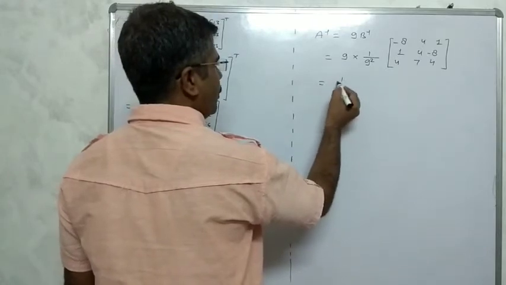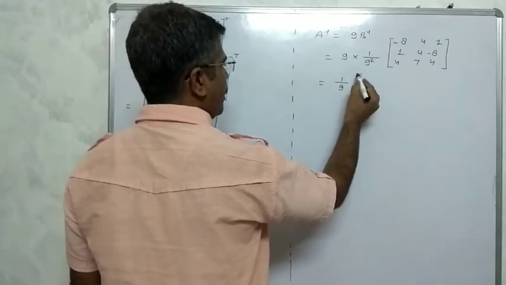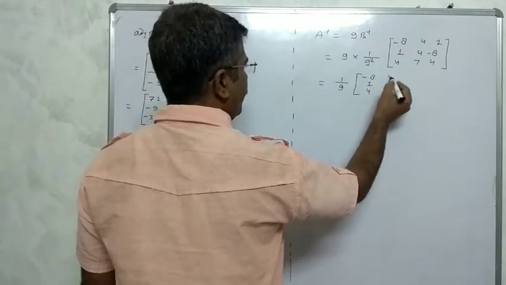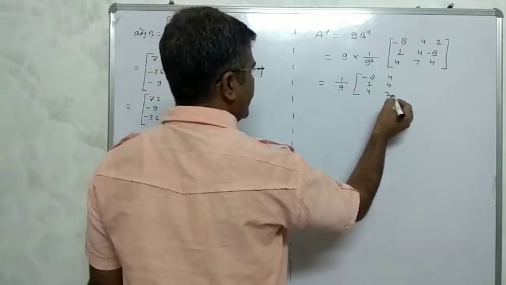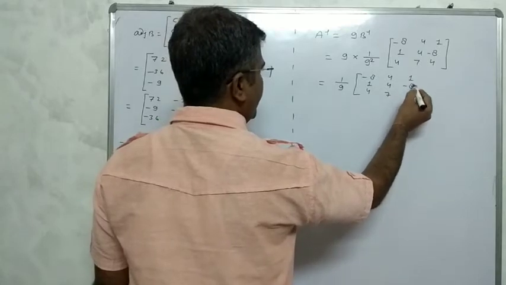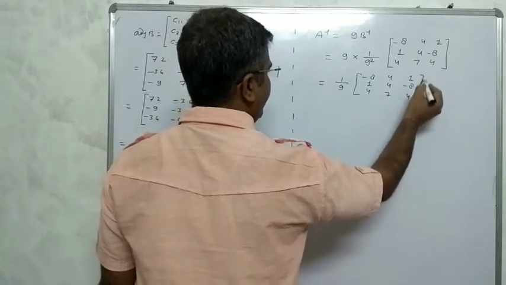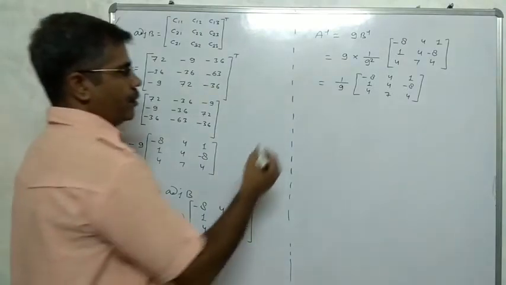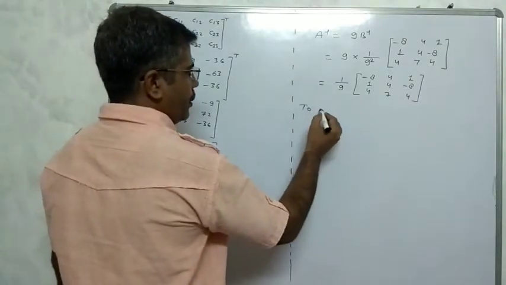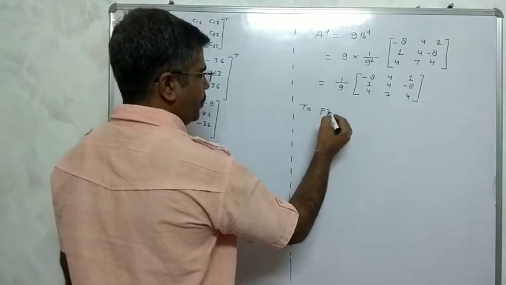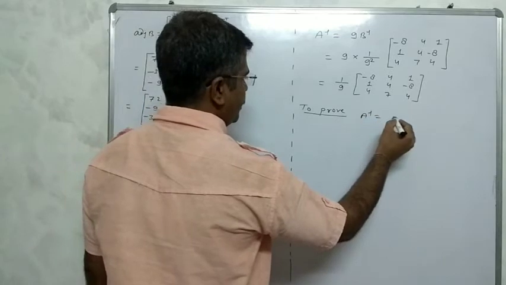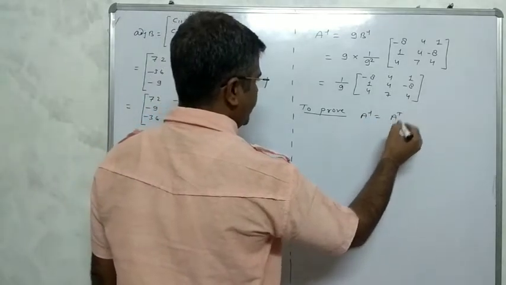We have 1 upon 9 into minus 8, 1, 4, 4, 4, 7, 1, minus 8, 4. Now to prove A inverse equals to transpose of A.